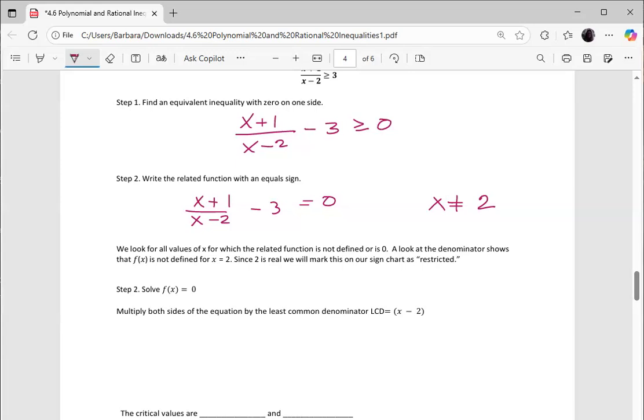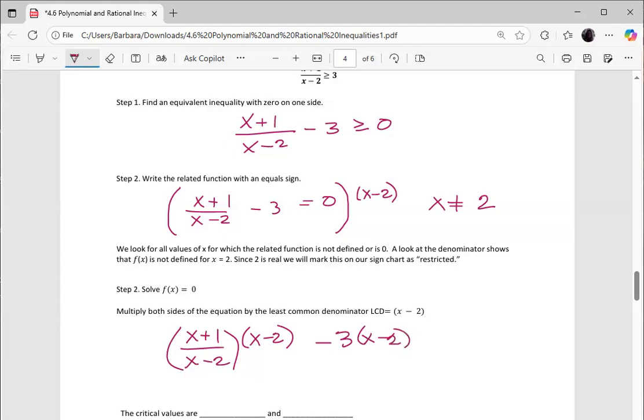Now we're going to solve. And to solve it, we're going to multiply both sides of the equation by the LCD. And so the LCD is x minus 2. So x plus 1 over x minus 2, we're going to multiply that by x minus 2, minus 3 times x minus 2 equals 0 times x minus 2.